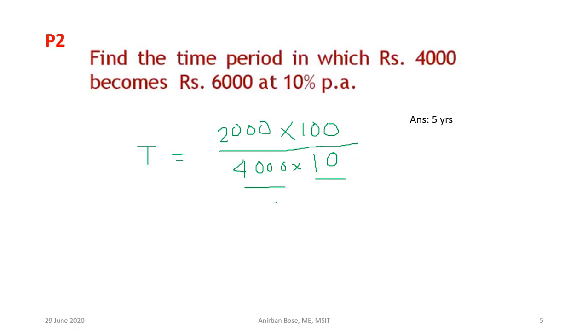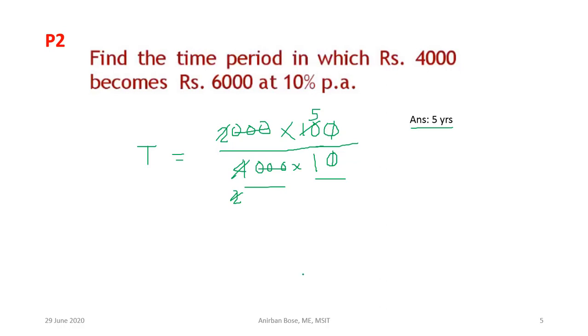We have seen it earlier. Now simplify this one. 4,000 and 2,000 cancel in this way, this 0 will cancel, this will become 2, and so 5. So the time is 5 years.